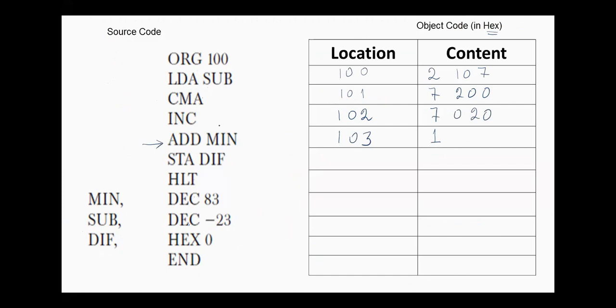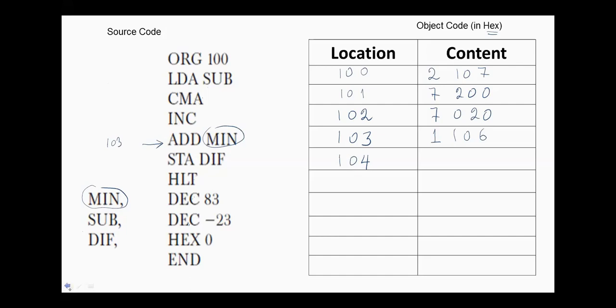And again, we have to count to find the address of min. Here location 103, 104, 5, 6. So min is stored in location 106.